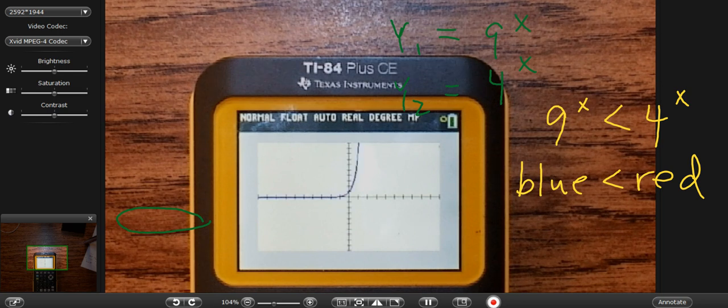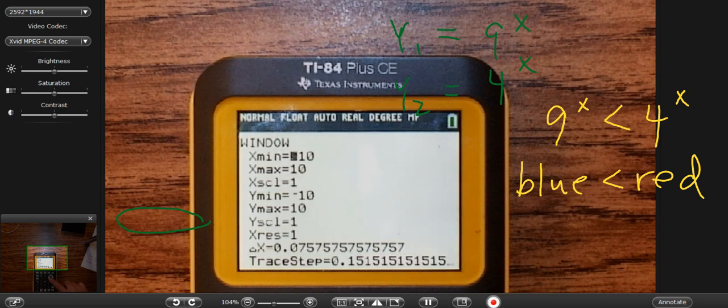And maybe it might be more helpful if I get it more narrowed in, so let's go window, let's change this to -3 to +3. And doesn't look like anything goes below the x-axis, so I might as well make my y minimum 0. Those are both exponential growth functions, so there shouldn't be any reason we're going below the x-axis.